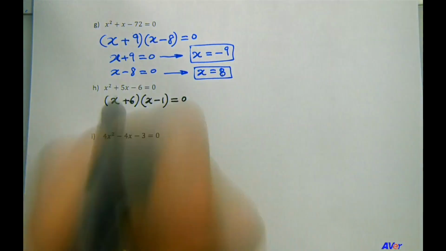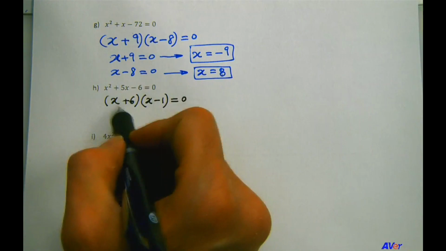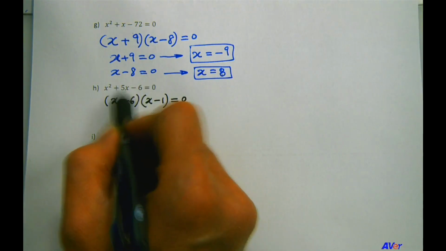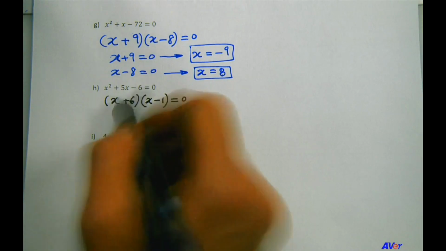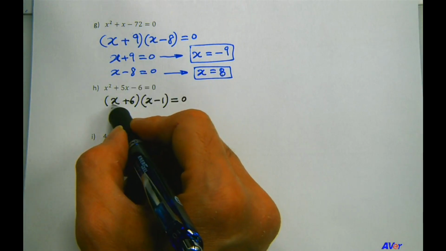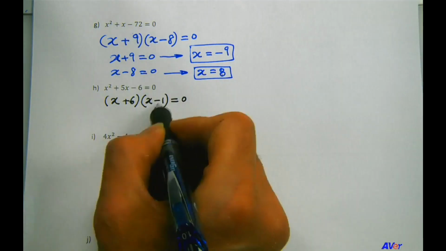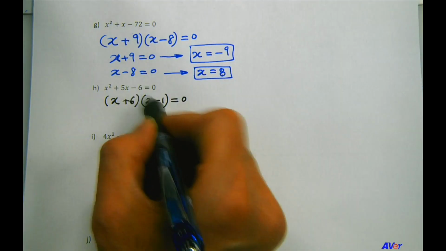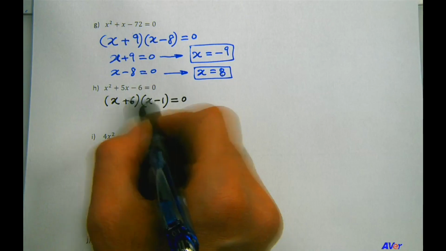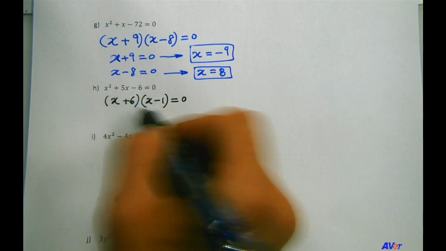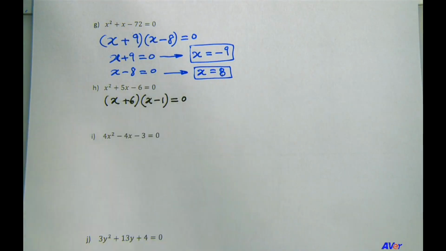Right? x times x is x squared. 6 times minus 1 is minus 6. Where is the 5x term going to come from? It's going to come from the sum of x times minus 1, which is minus x, plus 6 times x, which is positive 6x. 6x minus x gives us positive 5x. So we have the correct factorization.